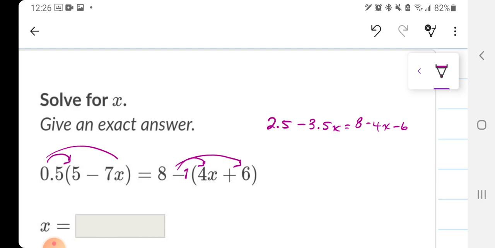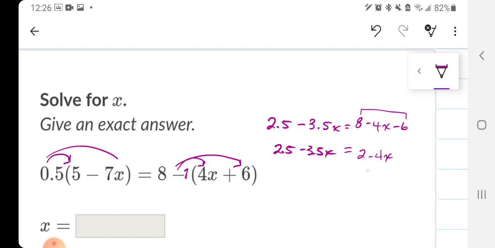Okay? Now, we said to simplify both sides before we move on. This side, even though we distributed, we still have to combine like terms, right here and here. And so we're going to have 8 plus a negative 6, that's 2. So we're going to say 2 minus 4x on this one side here, and 2.5 minus 3.5x over here.